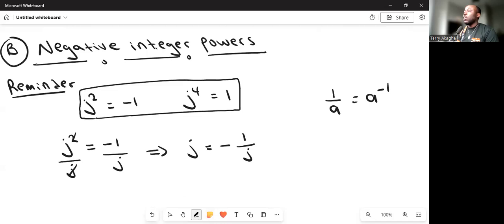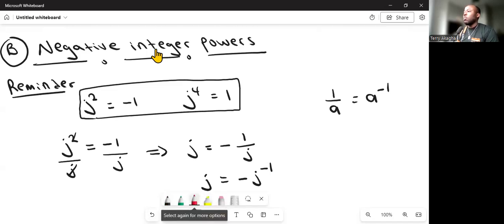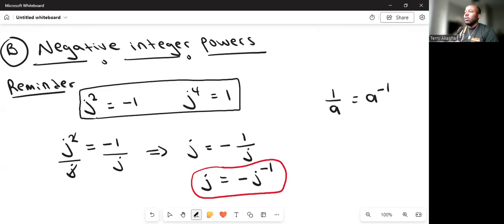1 over J is the same thing as J raised to the power -1. So that means we can now say J is exactly the same thing as minus J raised to the power -1. Is this making sense?